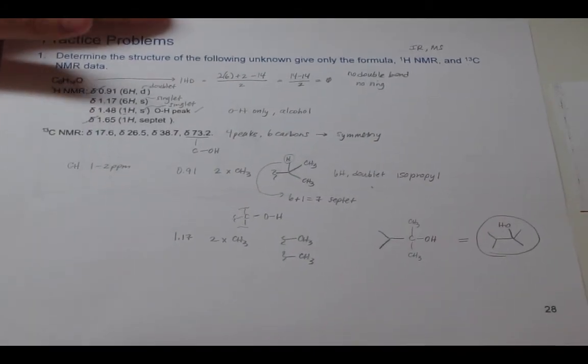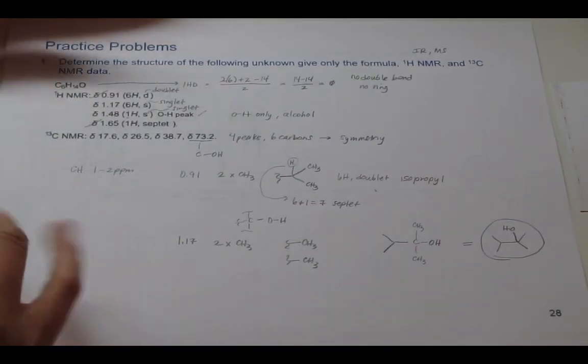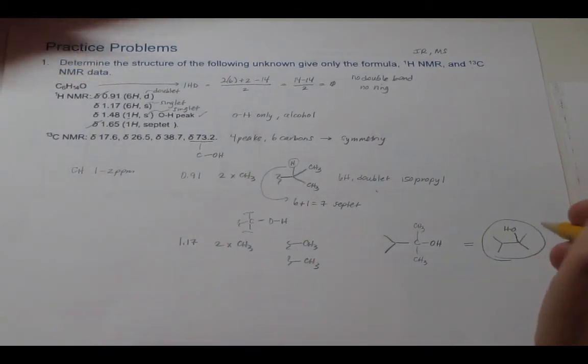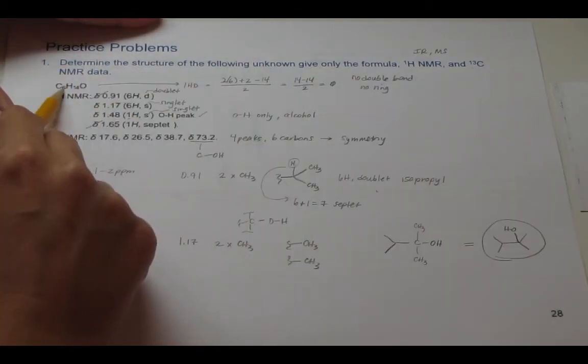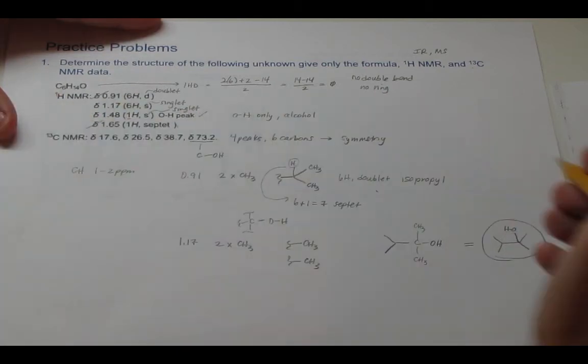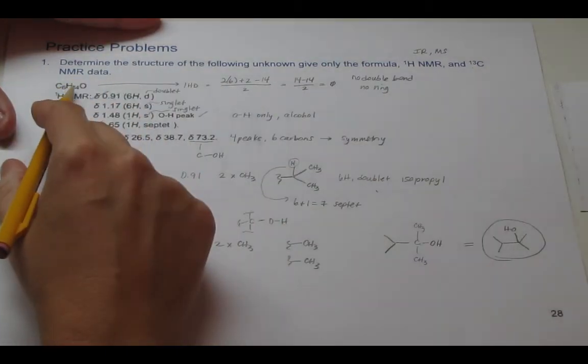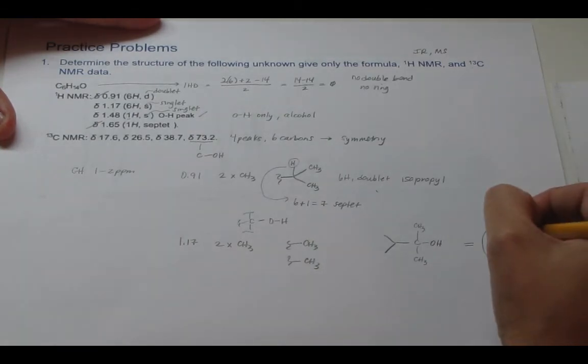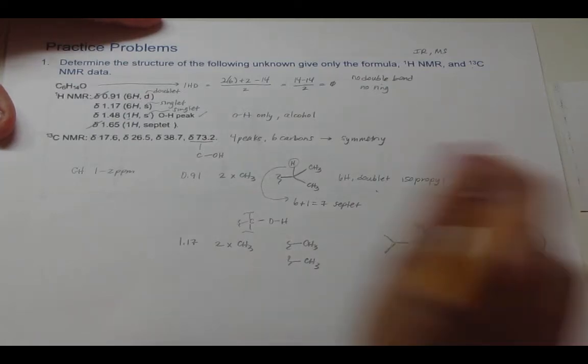Okay. So that's a way to put puzzle pieces together to get the compound. Again, we should probably make sure that it matches our formula. So 1, 2, 3, 4, 5, 6. We should have 14 H's. 1, 2, 3, 4, 5, 6, 7, 8, 9, 10, 11, 12, 13, 14.